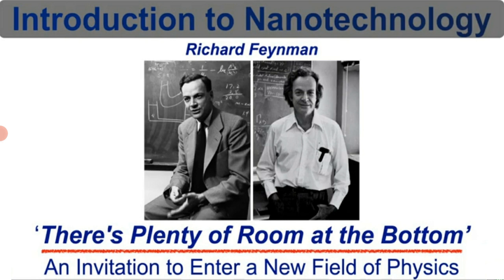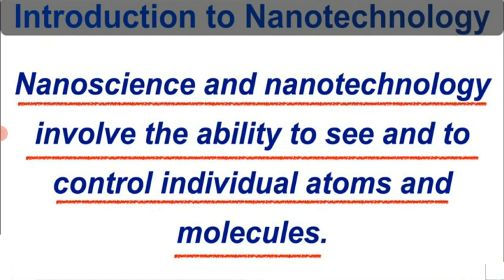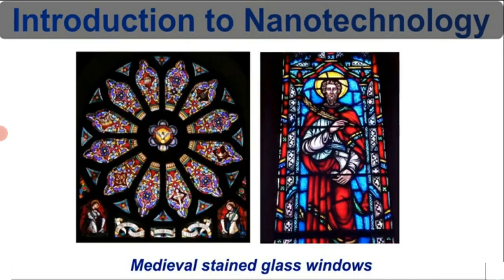There is plenty of room at the bottom, an invitation to enter a new field of physics. Nanoscience and nanotechnology involve the ability to see and control individual atoms and molecules.